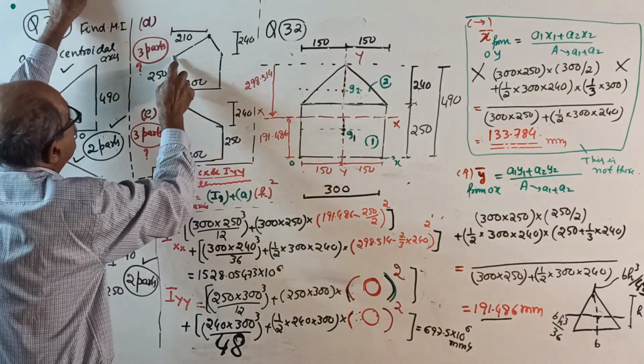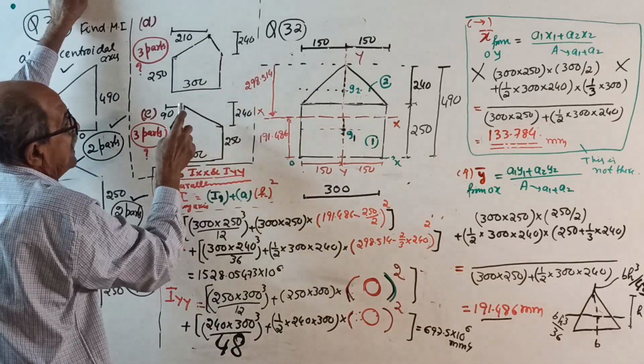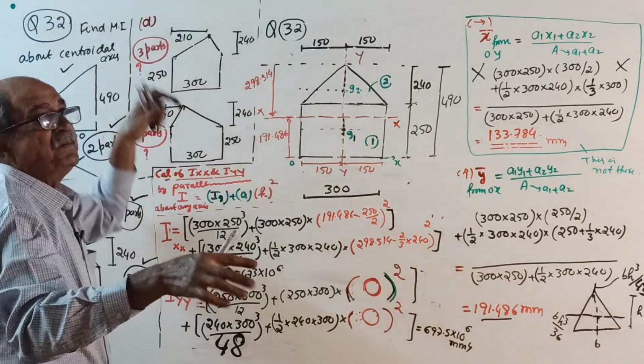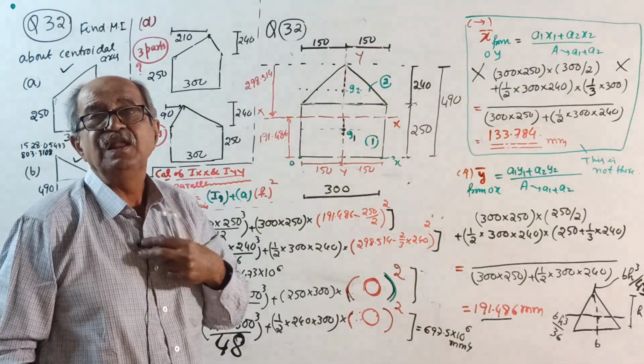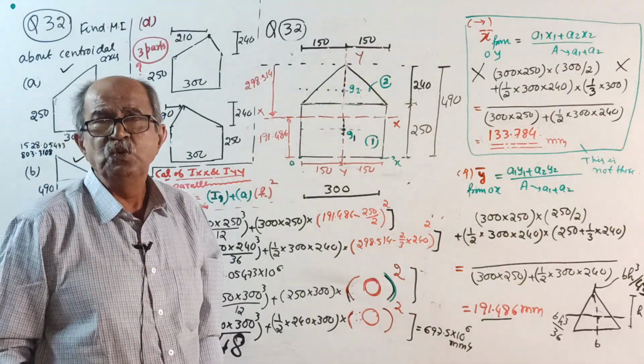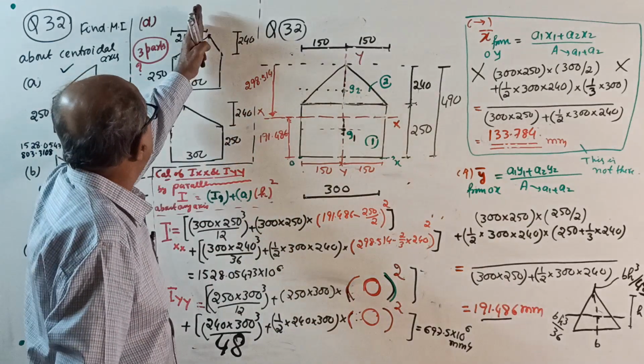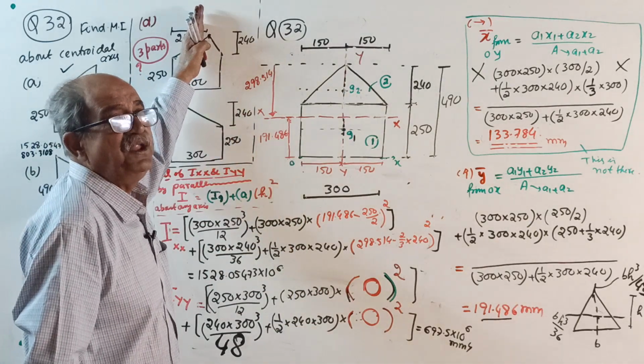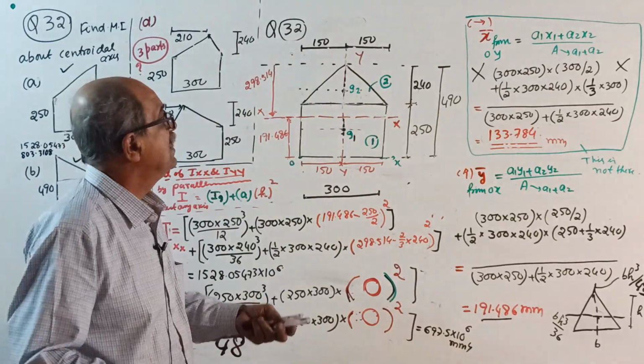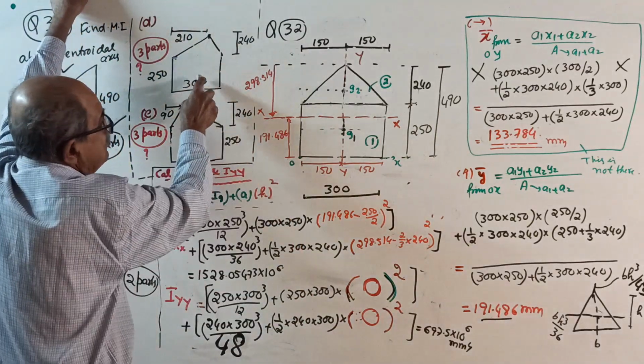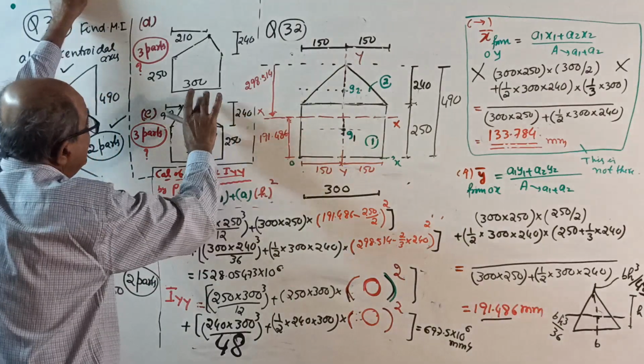Why? Because when you divide into two parts, rectangle and a triangle in general, for that there is no standard formula for I about the axis perpendicular to the base through the centroid. No formula. So you have to divide into three parts. Neat sketch I will write and start.